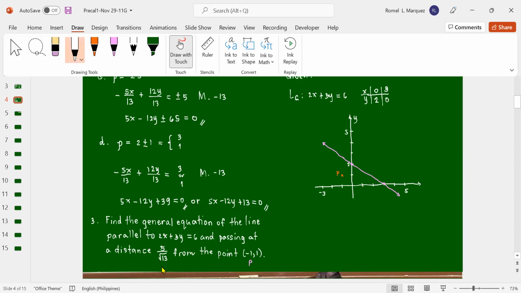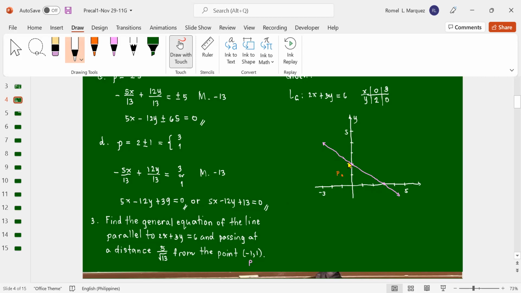How far? 5 over square root of 13. The line passes parallel to the given line, and how far from the point? 5 over square root of 13. 5 divided by square root of 13 is almost 1.4.